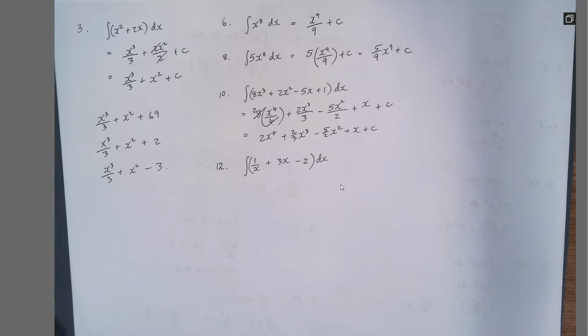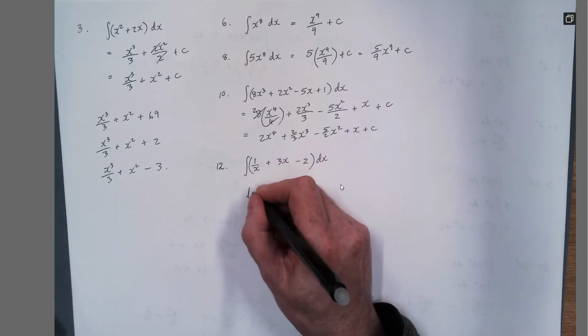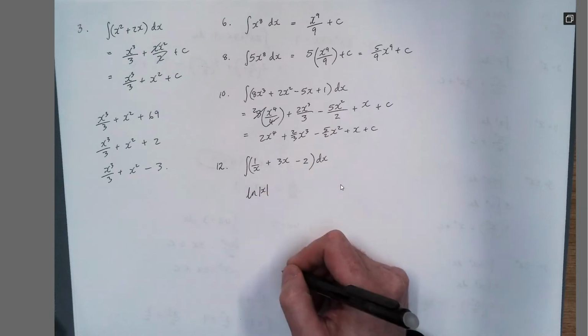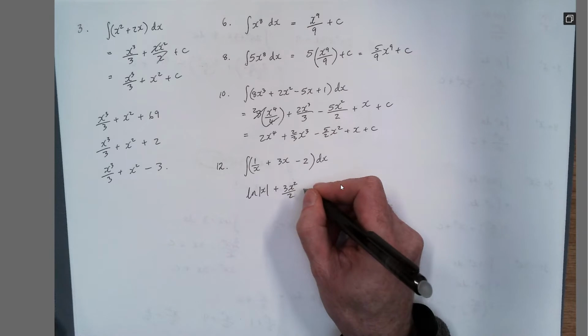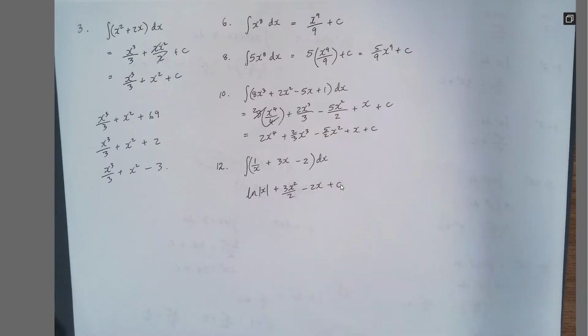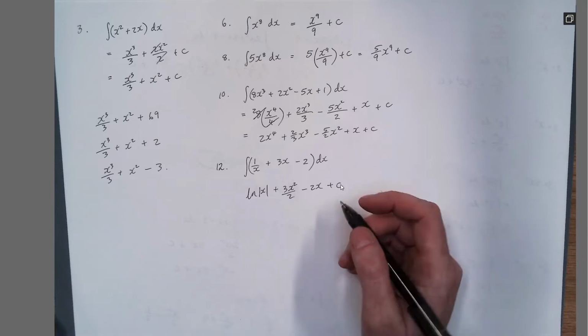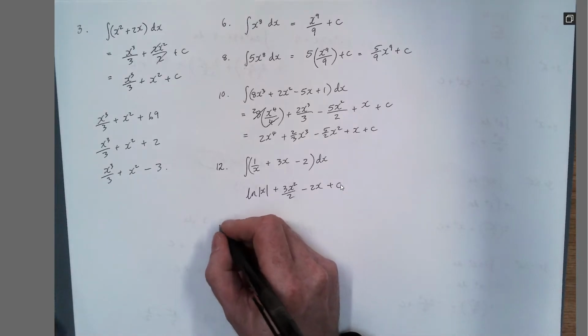The modulus has to be positive because you cannot take the natural log of a negative number. So the integral gives ln of modulus x plus c.